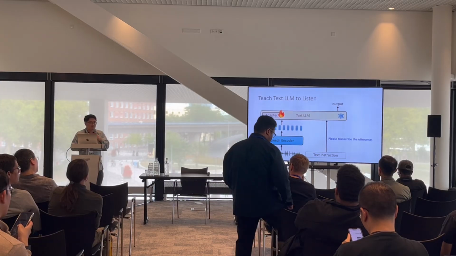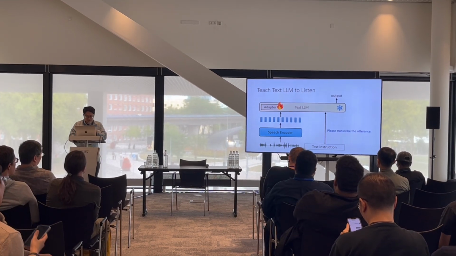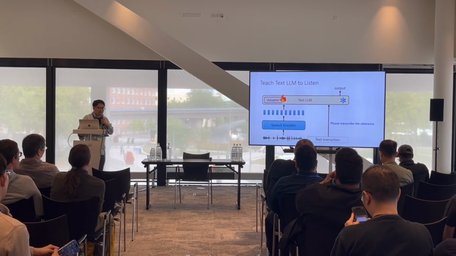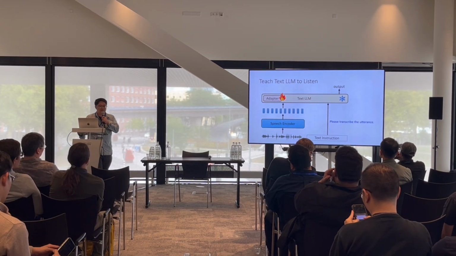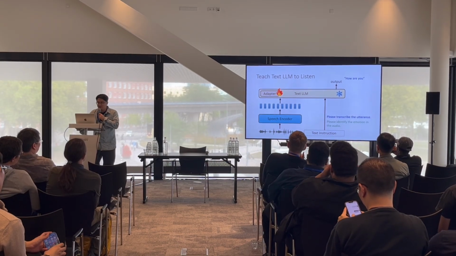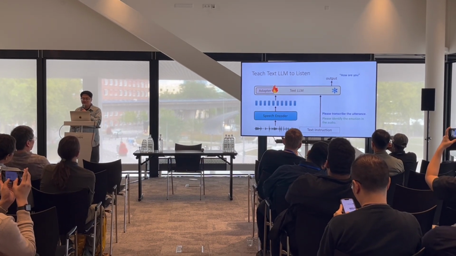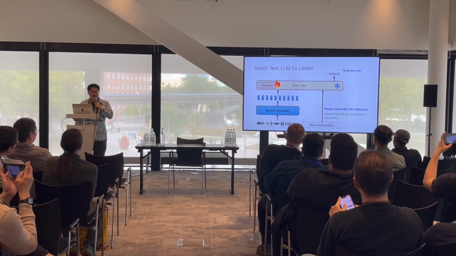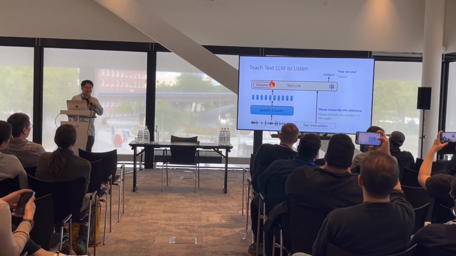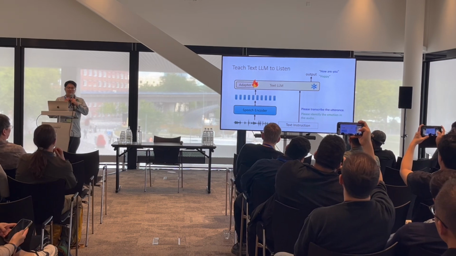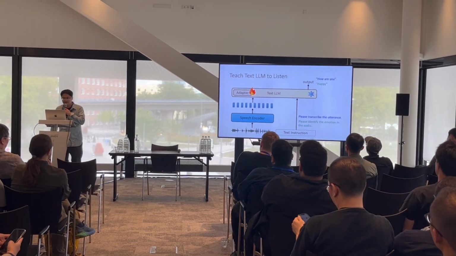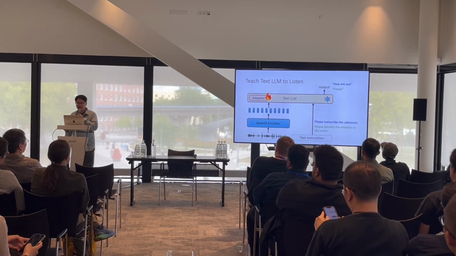For example, you give a text language model an utterance, and the text instruction is please transcribe the utterance. Then you fine-tune the adapter so the text language model can output the transcription. Or you give a text instruction, please identify the emotion in the audio, and you fine-tune the adapter so the model can output the emotion label. This is how lots of people try to teach text language models to listen today. This is a very typical paradigm.